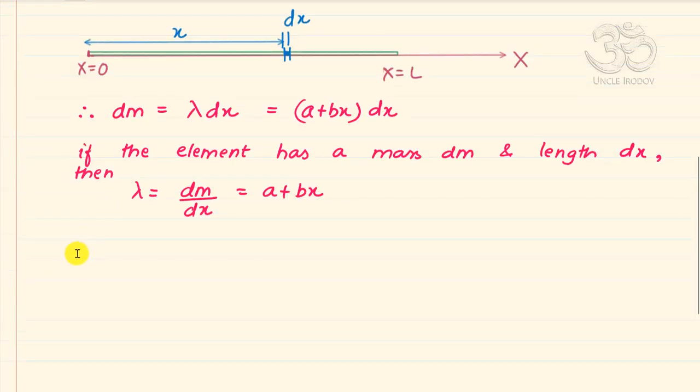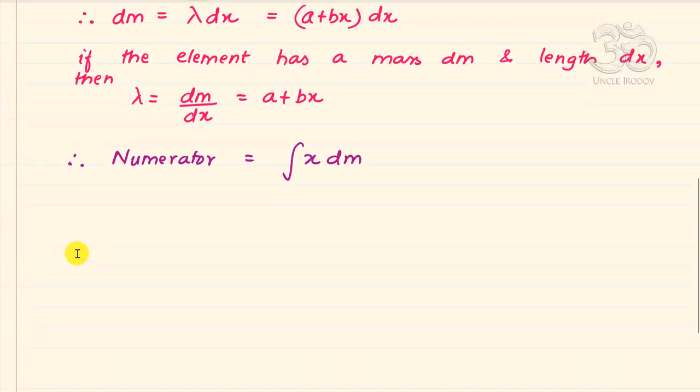So therefore in the center of mass formula, the numerator term is integral of x dm, which will turn out to be integral of x times (a plus bx) dx.